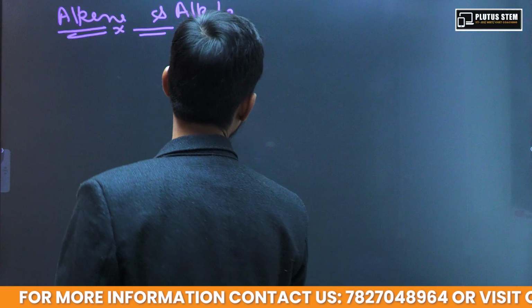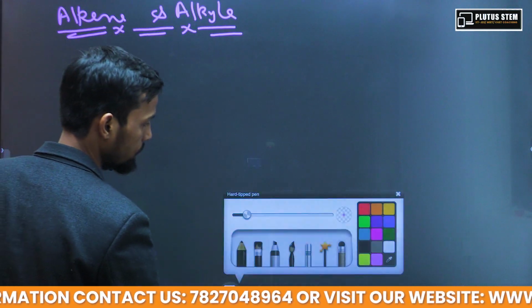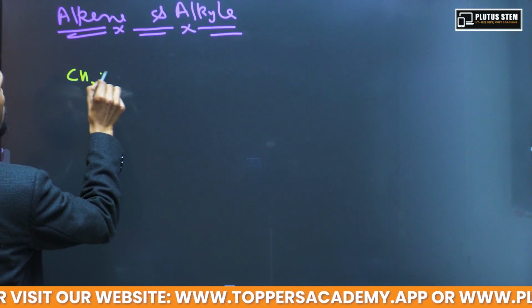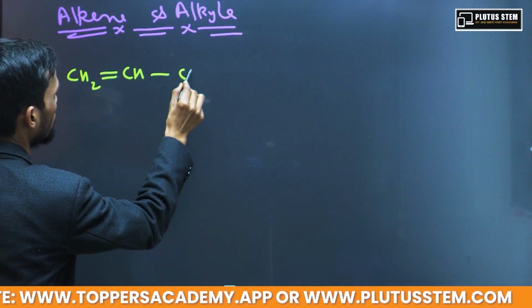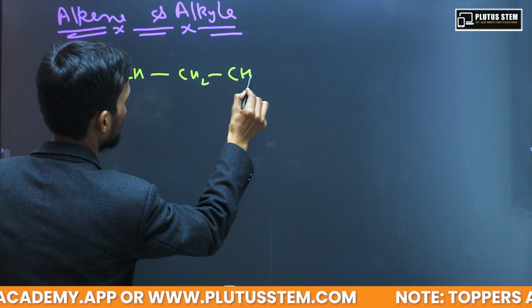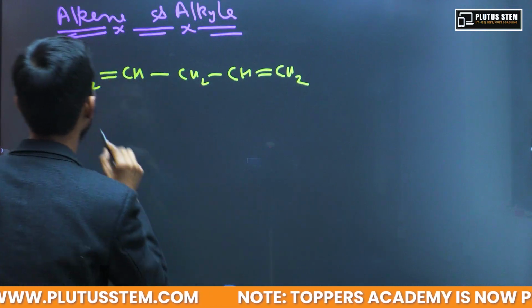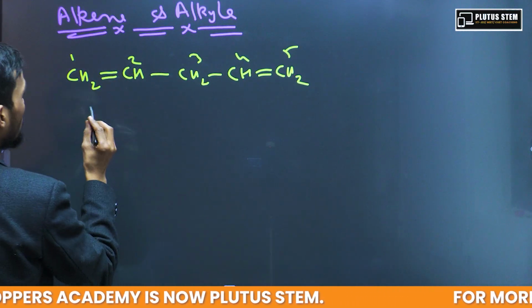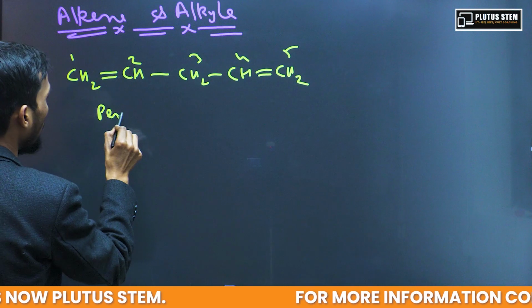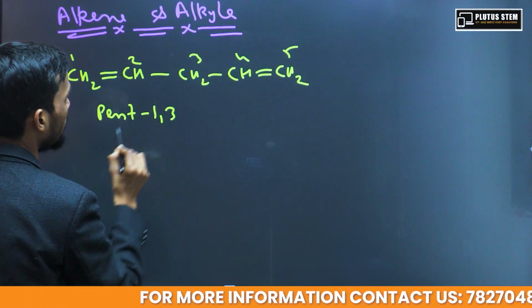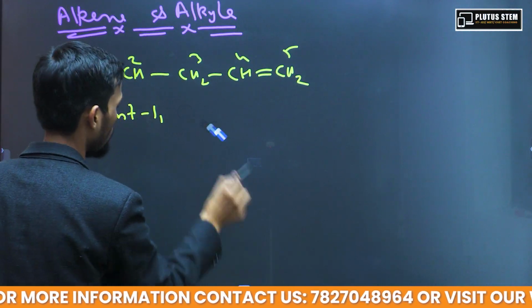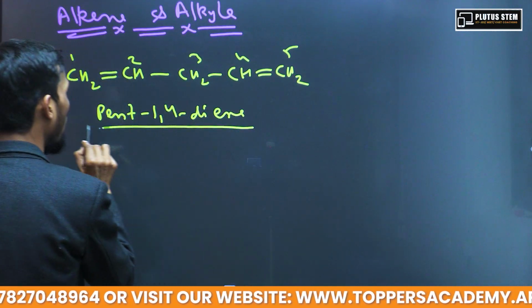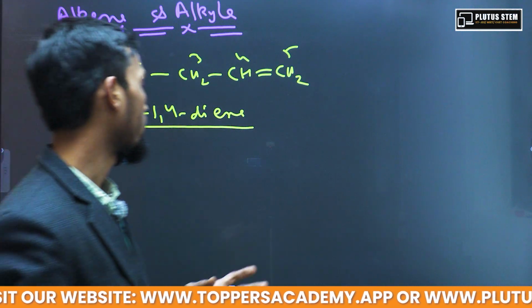So in such a compound, what we are going to see, one, two, three, four, 5. The name of this compound will be penta-1,4-diene. Penta-1,4-diene.